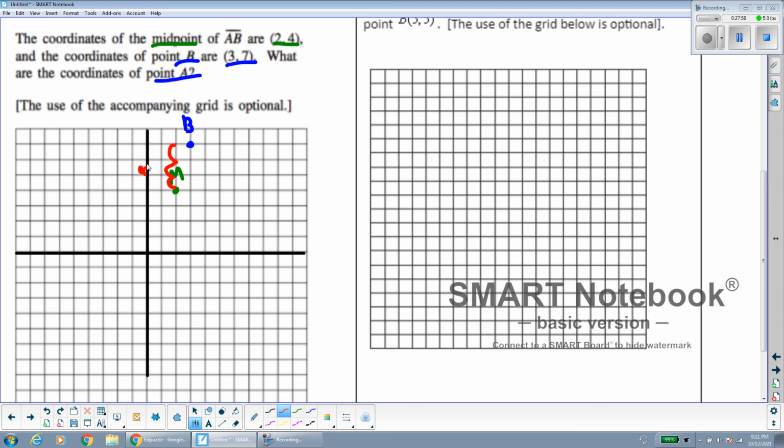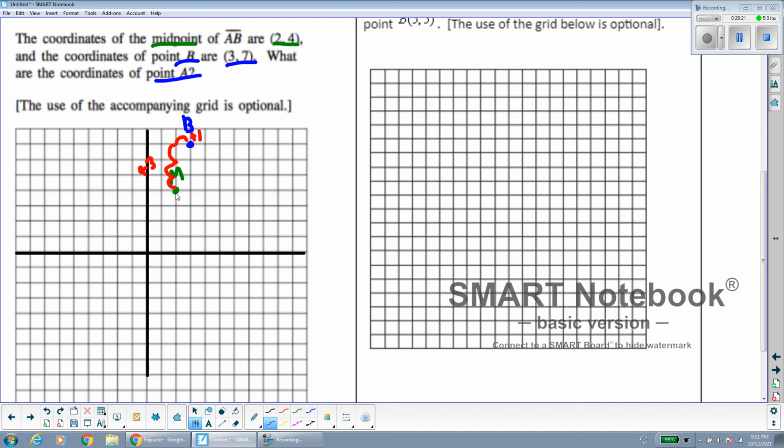So I'm going to put up 3. And we need to go to the right 1 box. So that movement should be the same to get to the other endpoint, just reversed. Instead of going up 3 and right 1, we should be going down 3 and left 1.